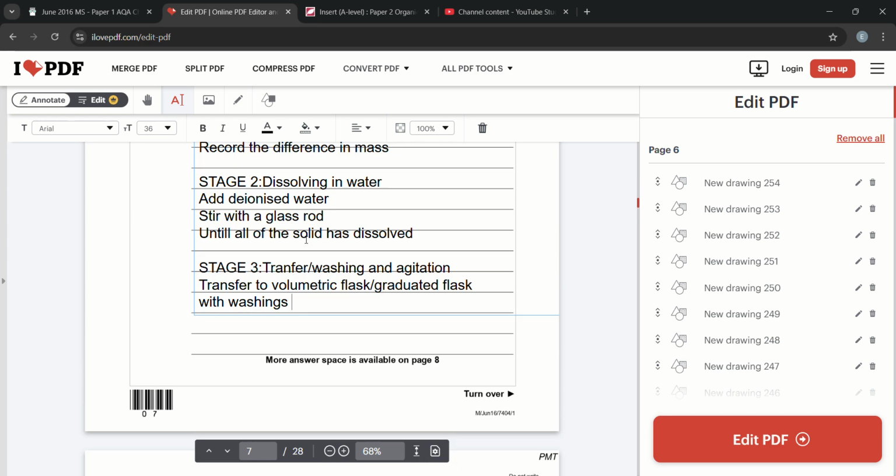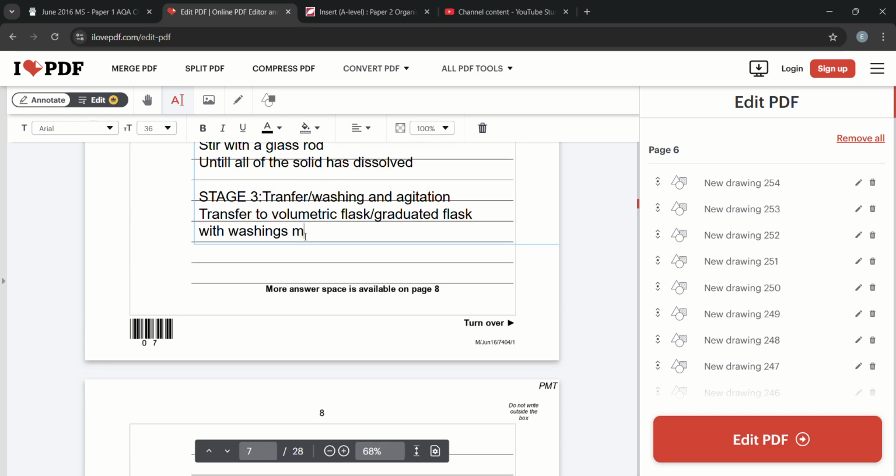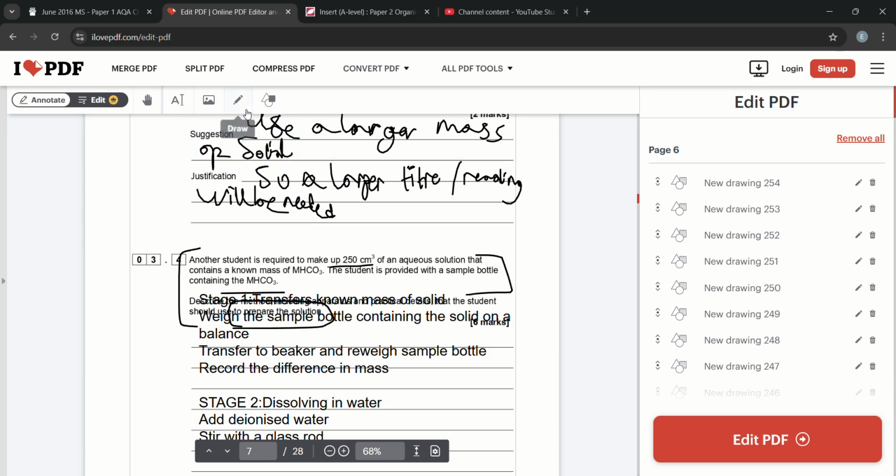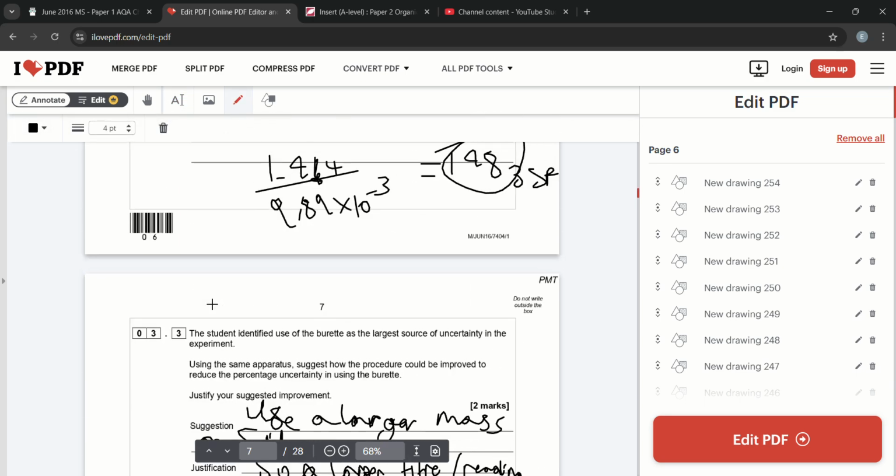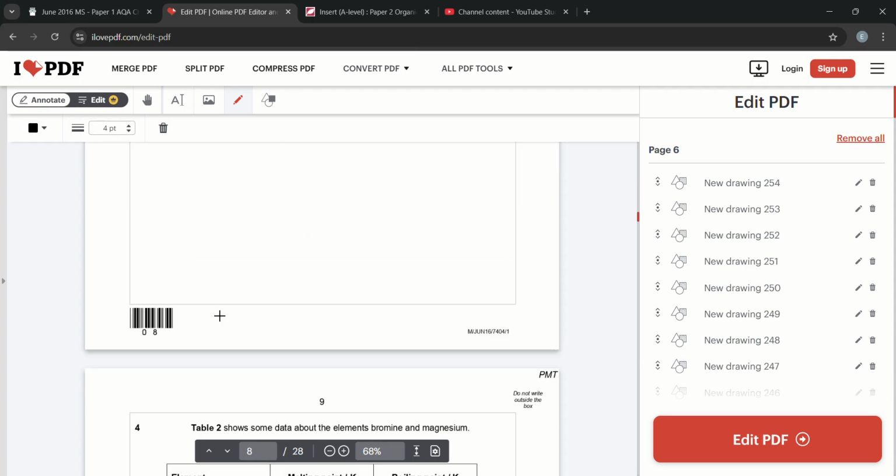We want to make up to 250 centimeters cubed with washings. And then the final step, don't forget this, invert / shake the solution. And that is the end of question 3.